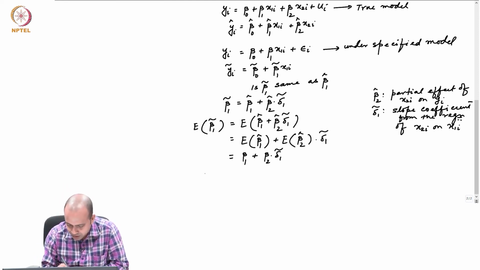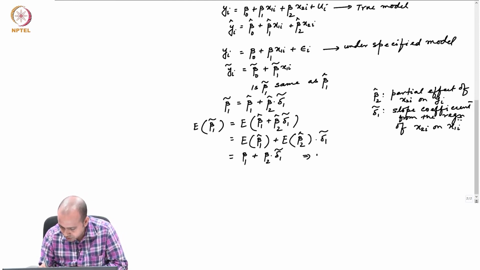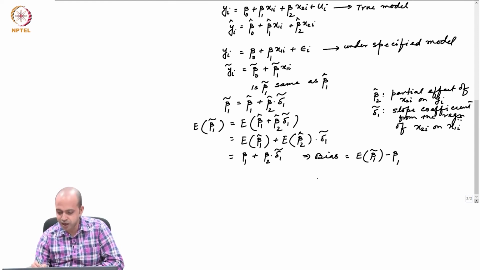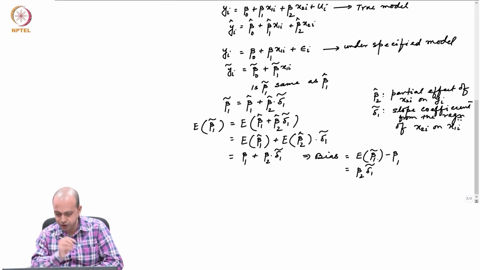This implies the bias, bias equals expectation of beta 1 tilde minus beta 1 is the amount of bias, which equals beta 2 into delta 1 tilde.